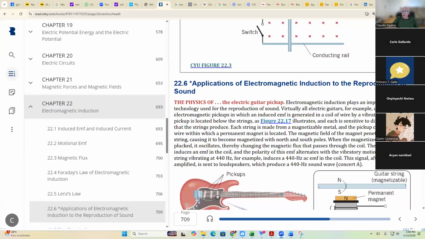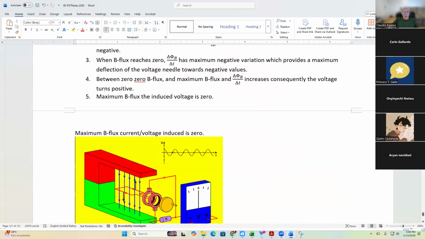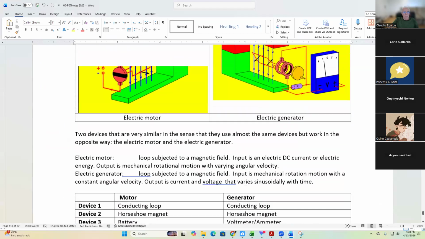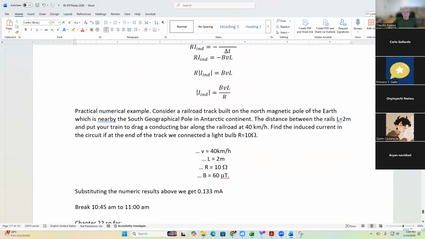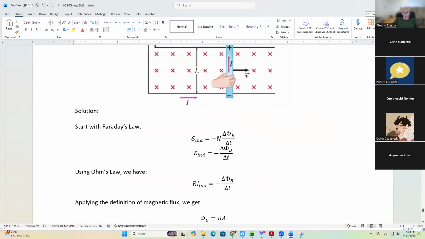Okay, we're back here. And let's continue the treatment here of the generator. Going back to our equation here. Faraday's law, right? We're going to use this one.